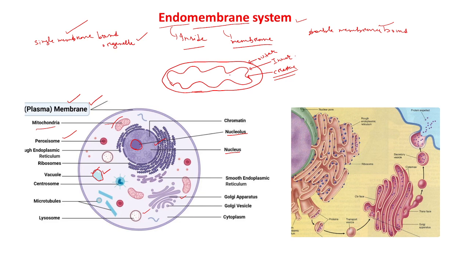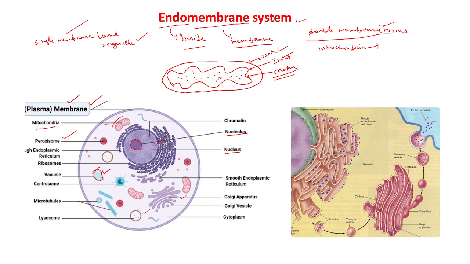All the enzymes and materials required for the mitochondria are present inside the cristae or inside the inner membrane. So the mitochondria is a double membrane bound organelle. It has two membranes: one is called the outer membrane and another is called the inner membrane.